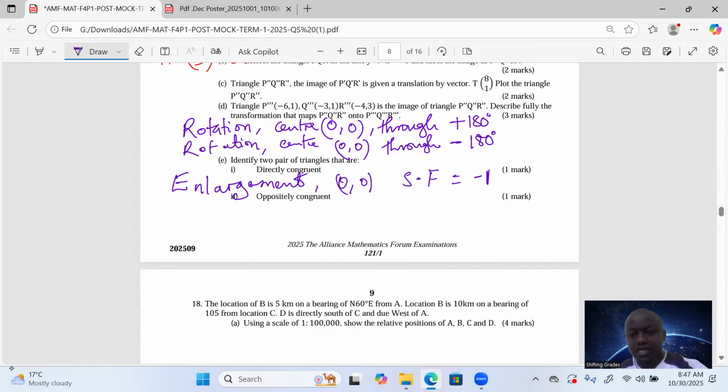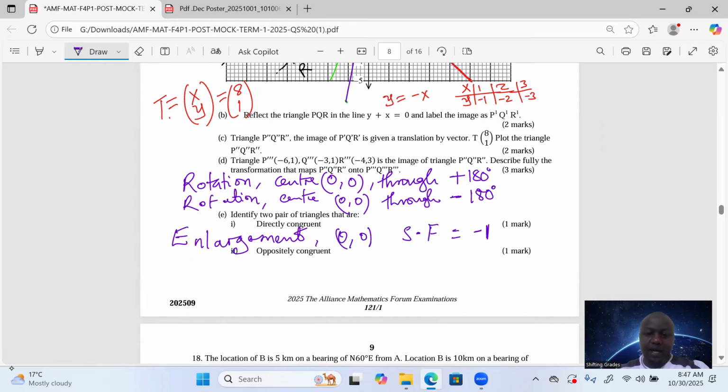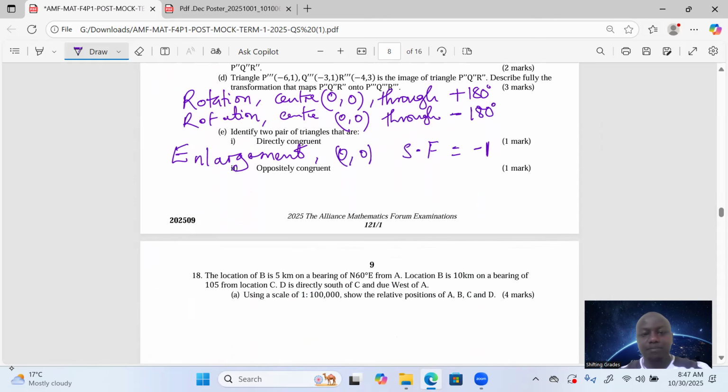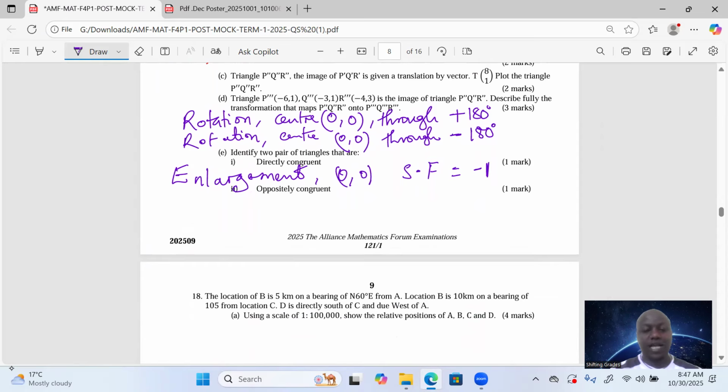With a scale factor of negative 1, you just connect a coordinate to the center and you move an equal distance on the opposite side. So there is no difference between enlarging with a scale factor of negative 1 and rotating through positive and negative 180. As long as the center is maintained, that transformation is the same. So all those transformations can fit as the answer, but you don't have to write the 3 of them. Just give us one.